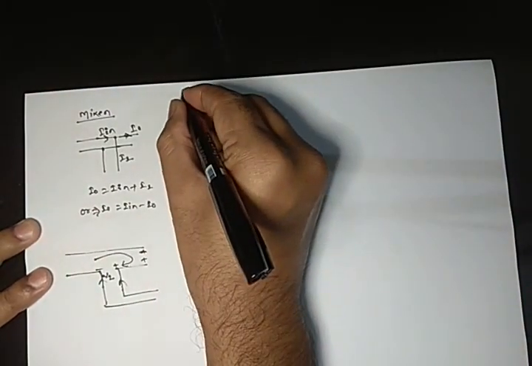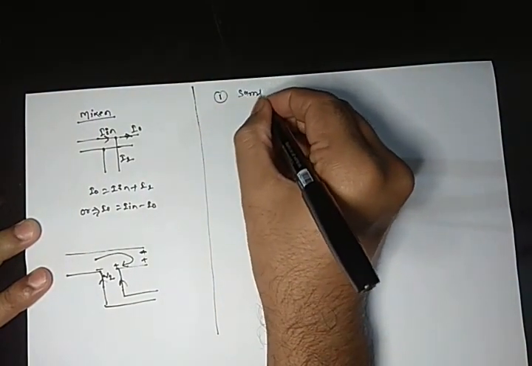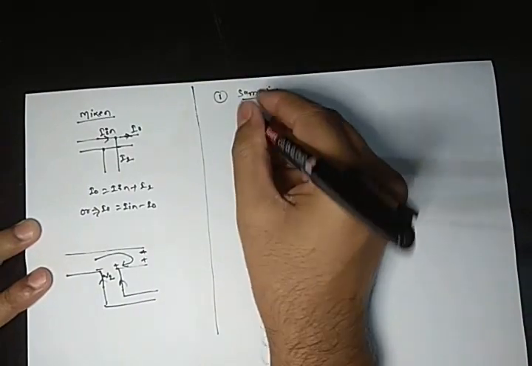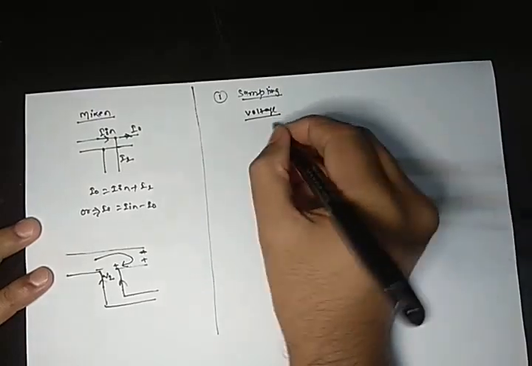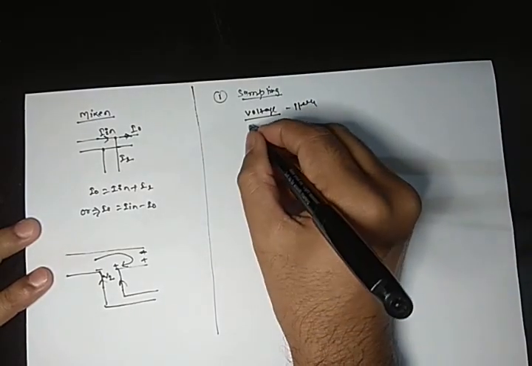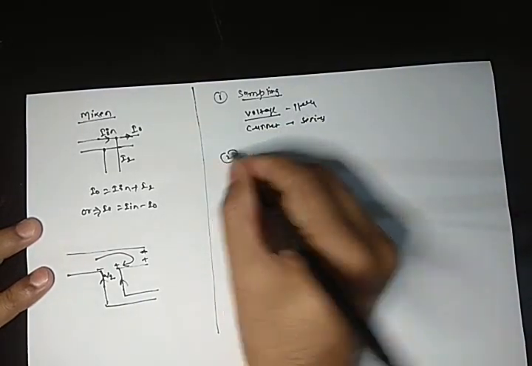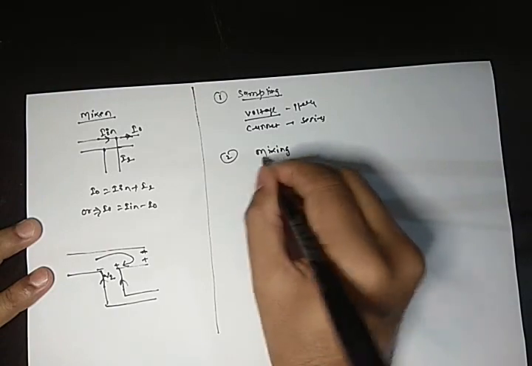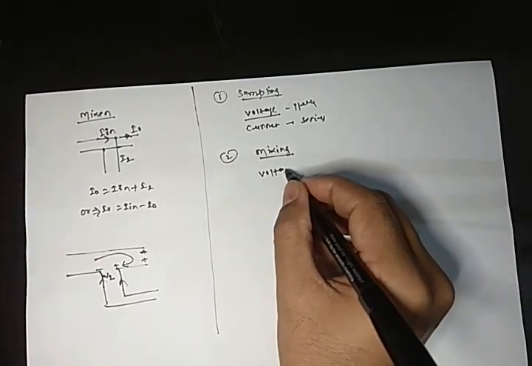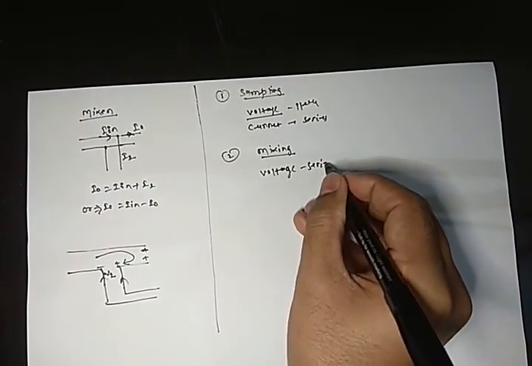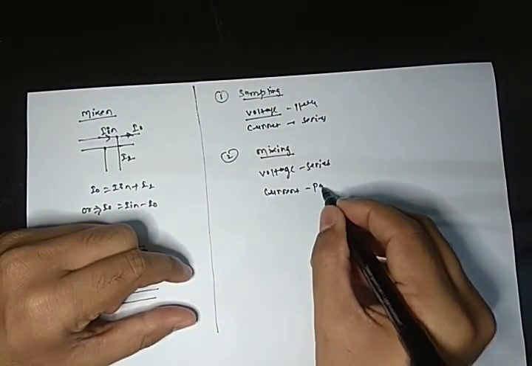So we got 2 points. First, sampling of voltage is done in parallel manner, current sampling is done in series way, and for mixing we mix the voltage in series and current in parallel.